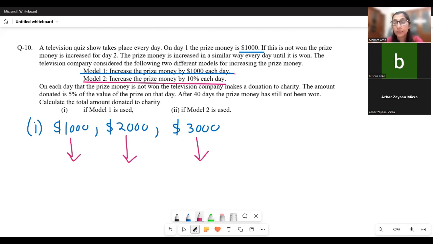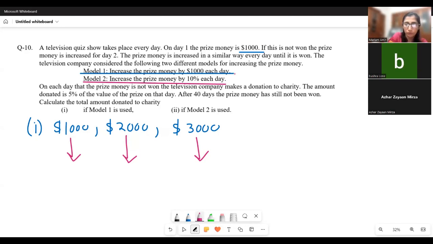So हमें 40 days का find करना है कि charity को कितने पैसे दिए. So instead of finding 5% of 1,000 and then finding 5% of 2,000, then finding 5% of 3,000 all the way till 40 days, it's better to find the sum, S40, and then take 5% of that.